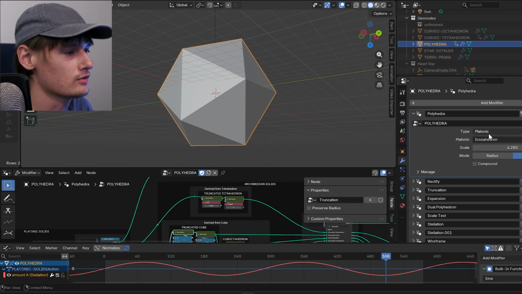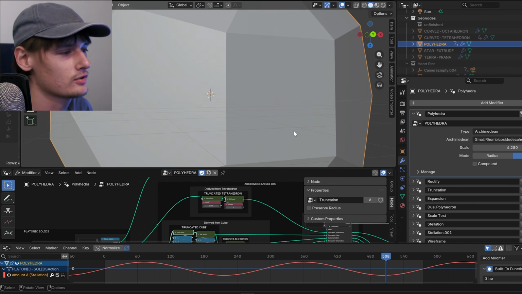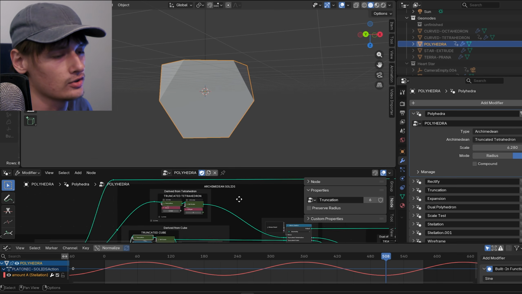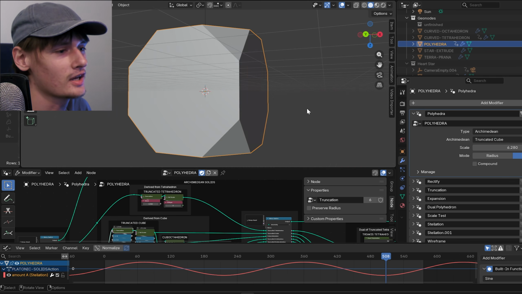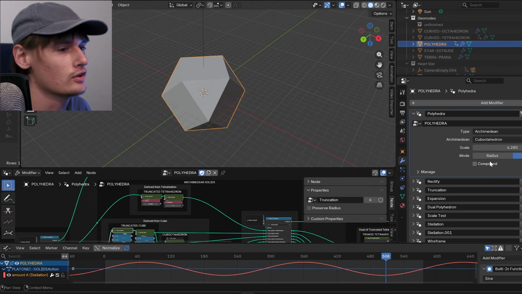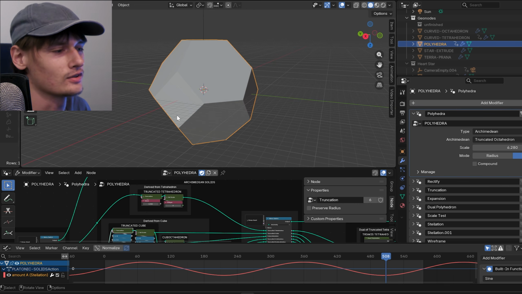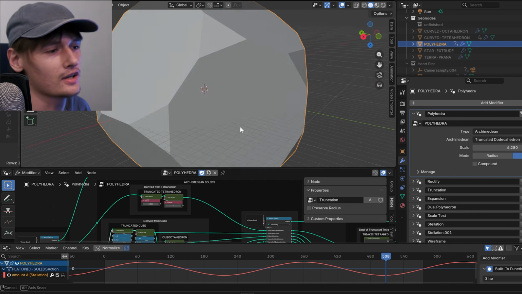And from them you can derive other shapes. For example, the truncated tetrahedron, the truncated cube, the cuboctahedron, the truncated octahedron, the truncated dodecahedron.